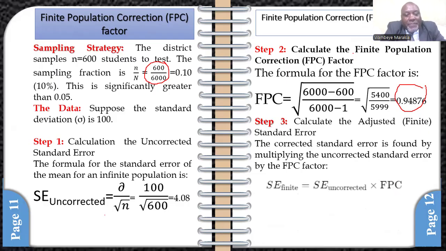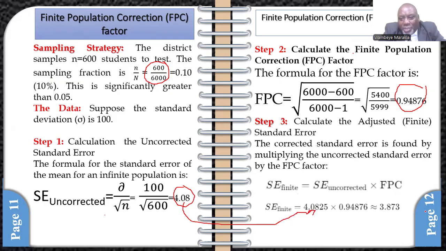The 4.08 is on page 11 in our book here. We get that value, it's there. Then on page 12 here, our value we calculated up here, it's here. We bring it here and we multiply them together. Then we get a standard error of the finite, or the corrected one, of 3.873.